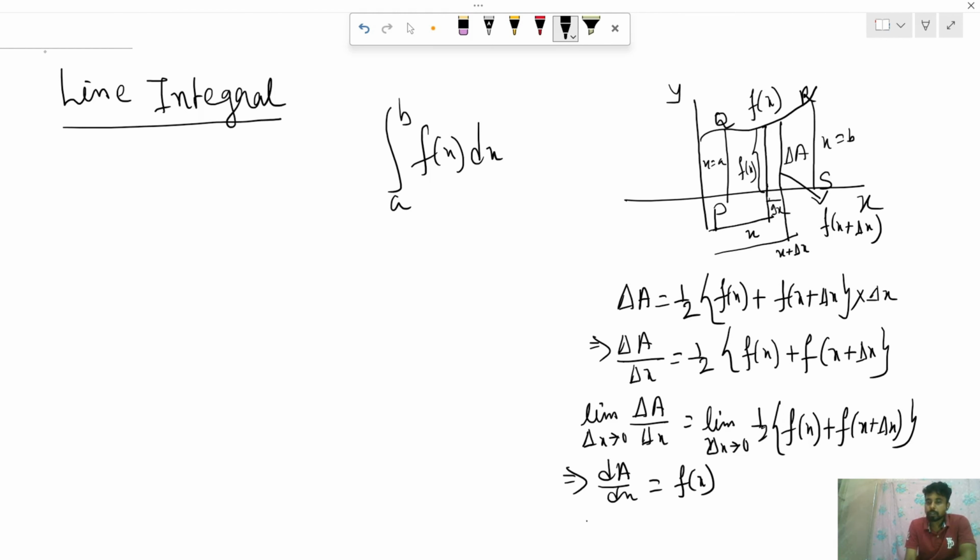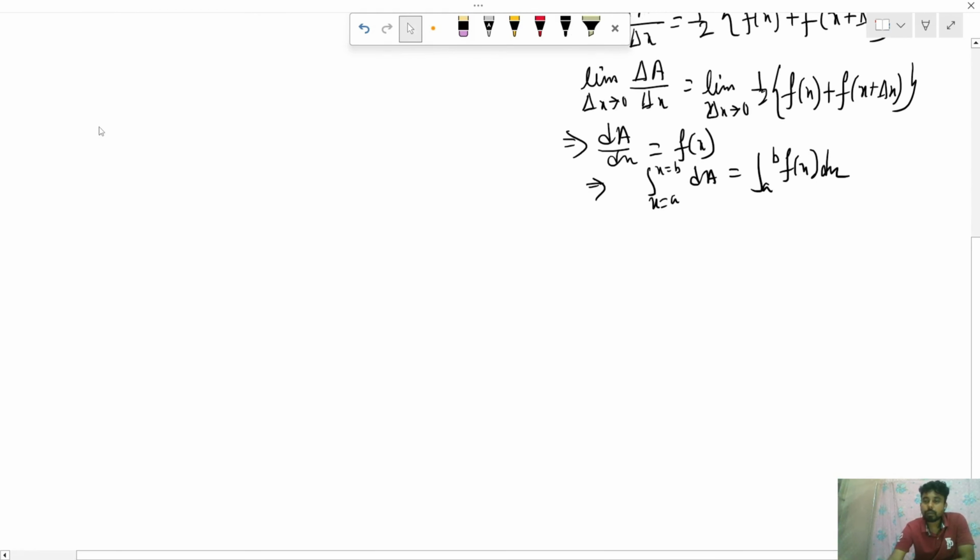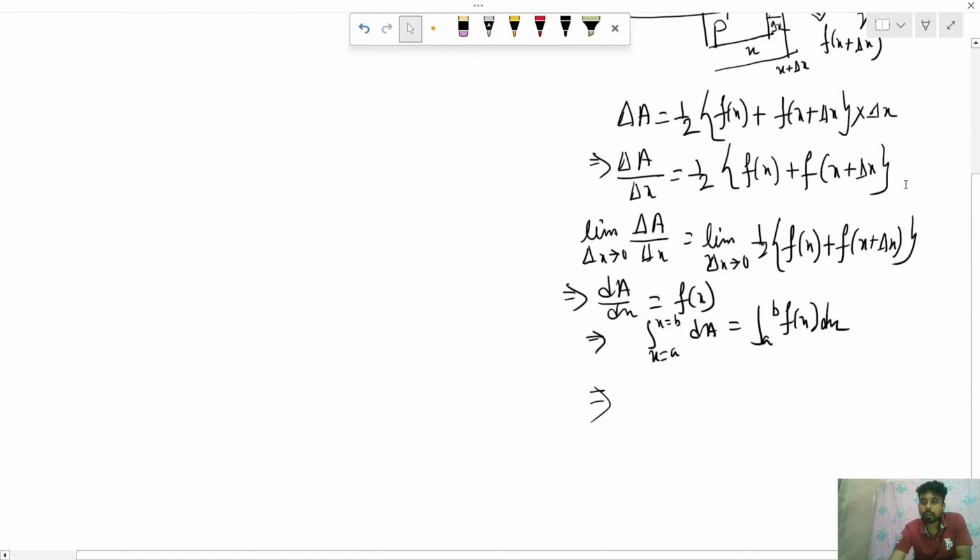If I consider integration over x equal to a to x equal to b, then we get the area.